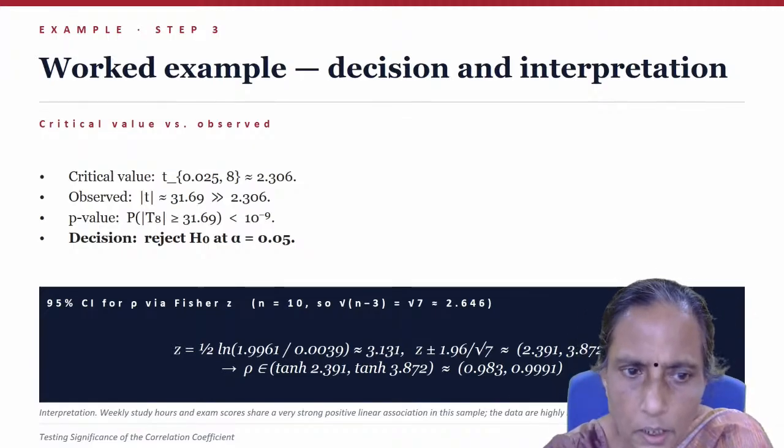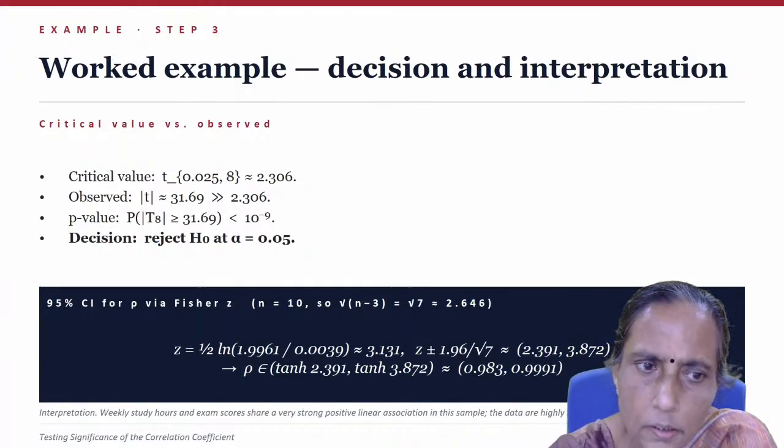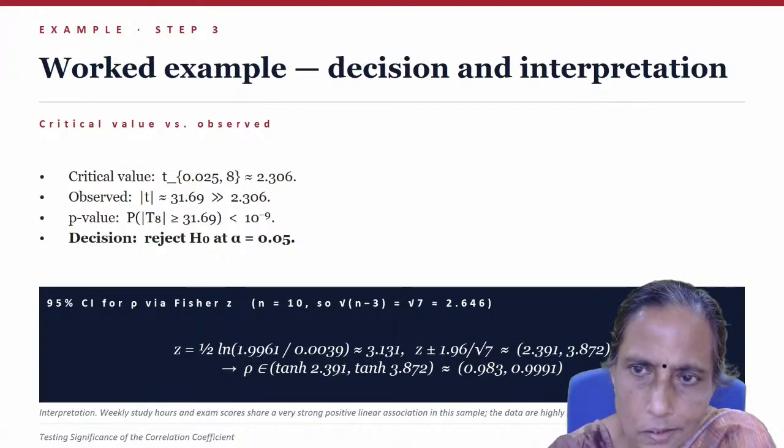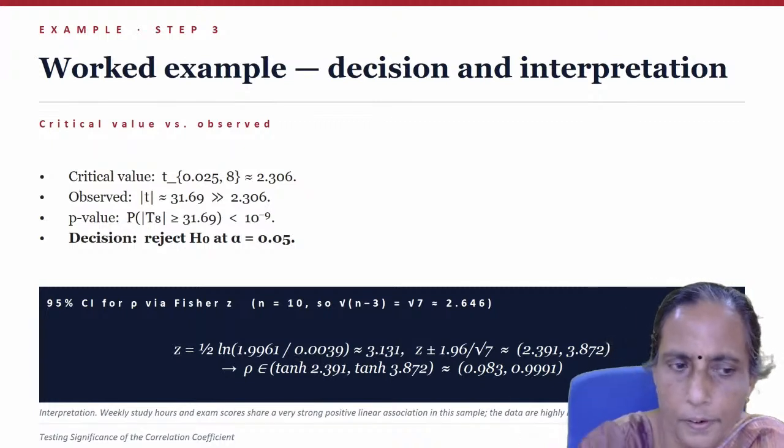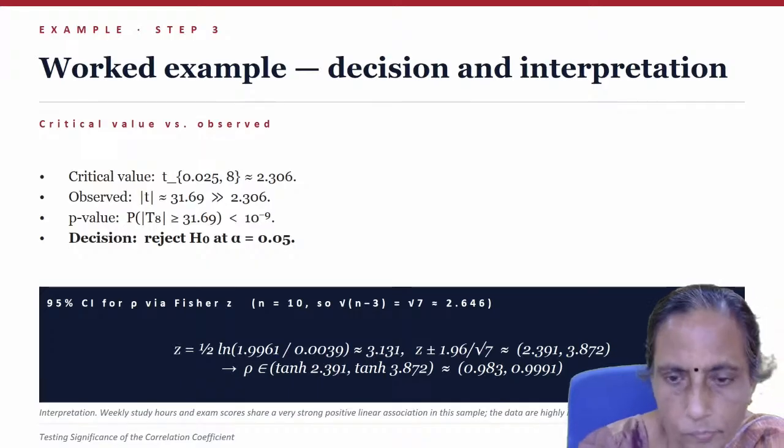So the decision is to reject H0 at alpha equal to 0.05, that is, the 5% level of significance. Okay.